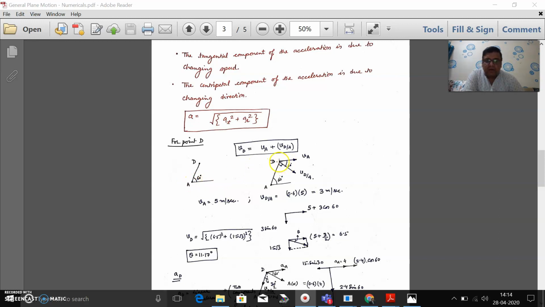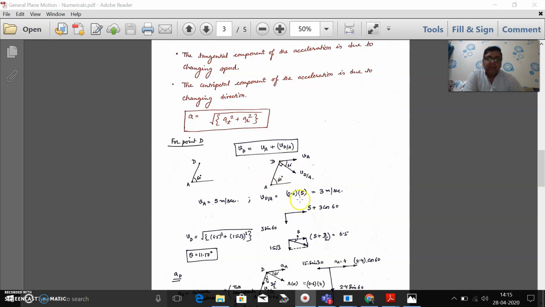So at this point only VA will be this only, and velocity of D with respect to A will go at an angle of 90 degree to AD line. That is the velocity of D with respect to A, and velocity of D with respect to A is AD, because at this time A is stationary and this D block is moving.